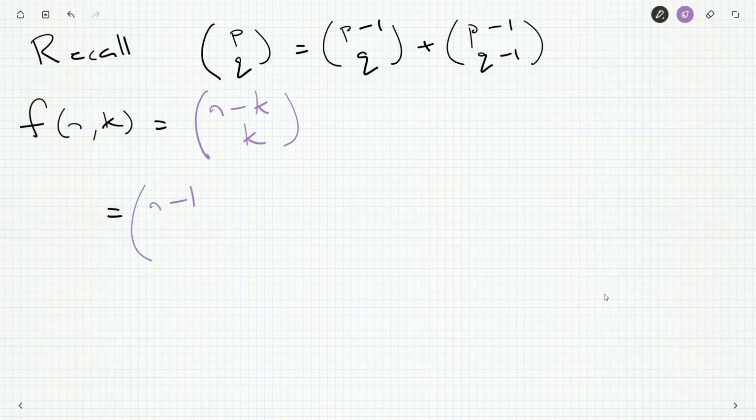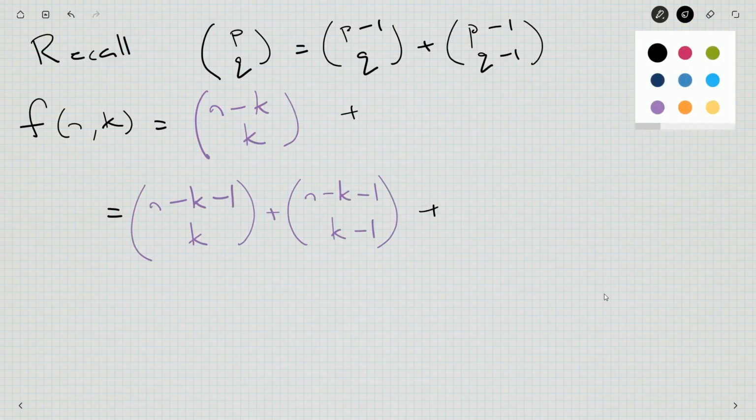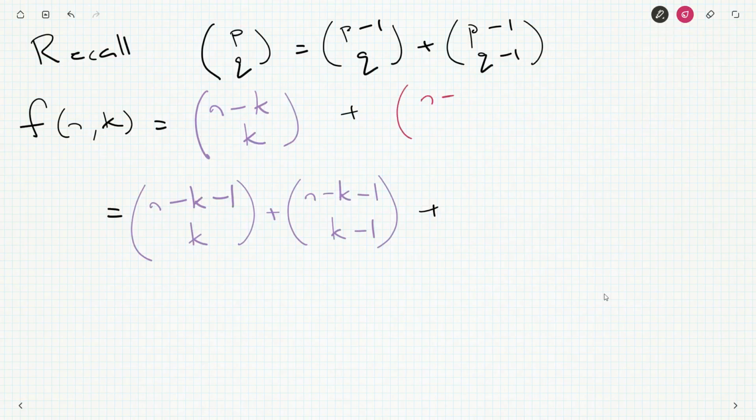So that one goes to n minus k minus 1, choose k, plus n minus k minus 1, k minus 1. Plus. And then this one's n minus k minus 1, k minus 1.